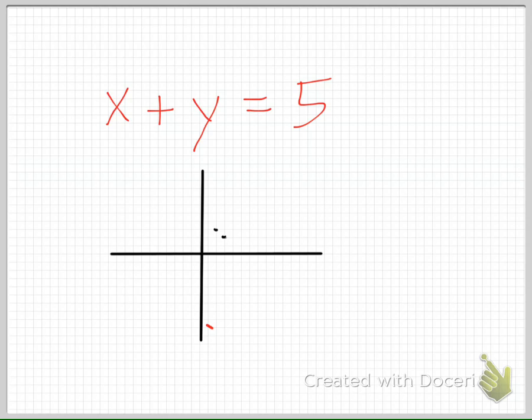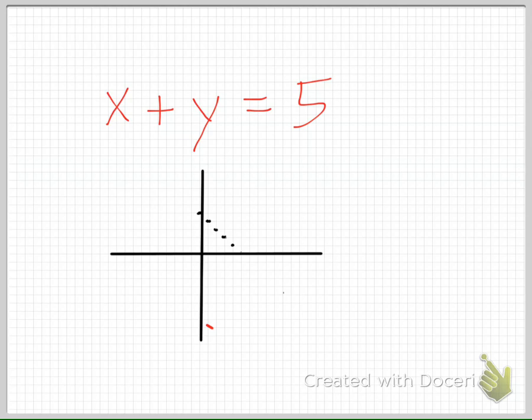I could have x be 1, which means y would have to be 4, right? Or I could have x be 4 and y would have to be 1. Or I could let x be 0, which means y would be 5. My line's not really straight there. Or y could be 0, which means x would be 5.